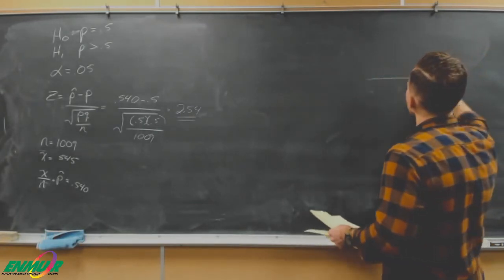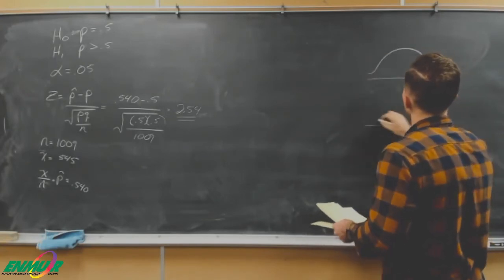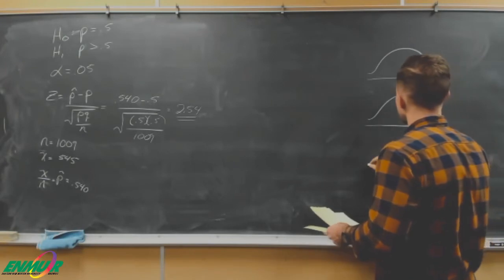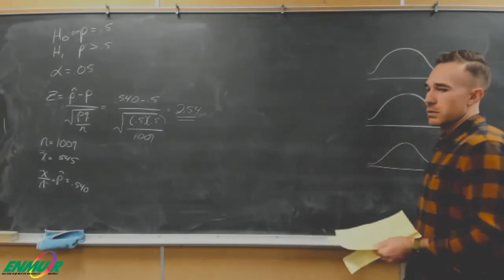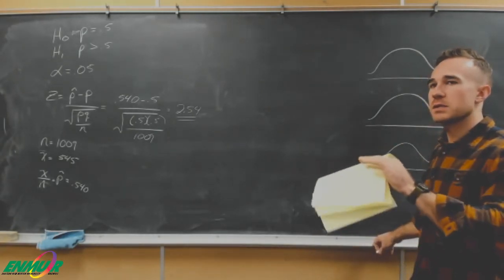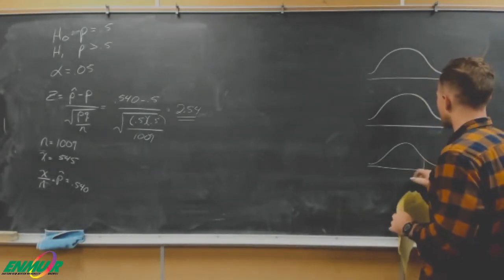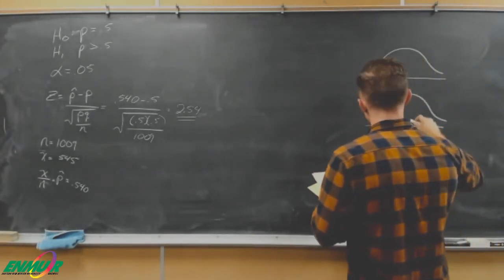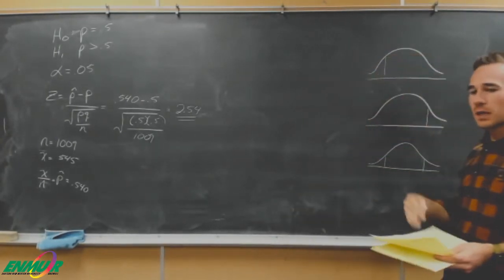I am either going to have a left tail, a right tail, or a two-tail test. And this is why on your z, t, and chi charts, at the very top it says one tail or two tail. You're going to have tests that are right, left, or two tail.